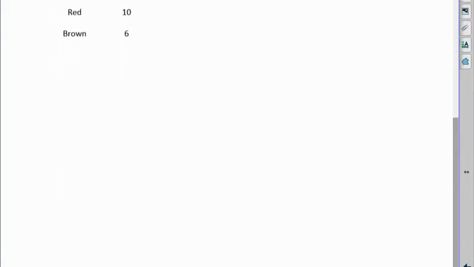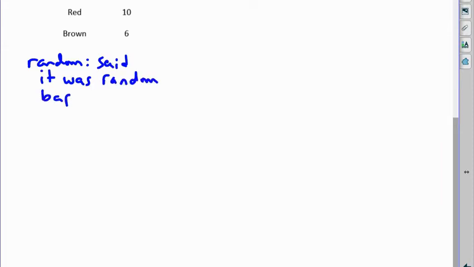So for conditions, we need, first of all, that things are random. It said that it was a random bag, so that was a randomly sampled bag. That was given, and that's good.